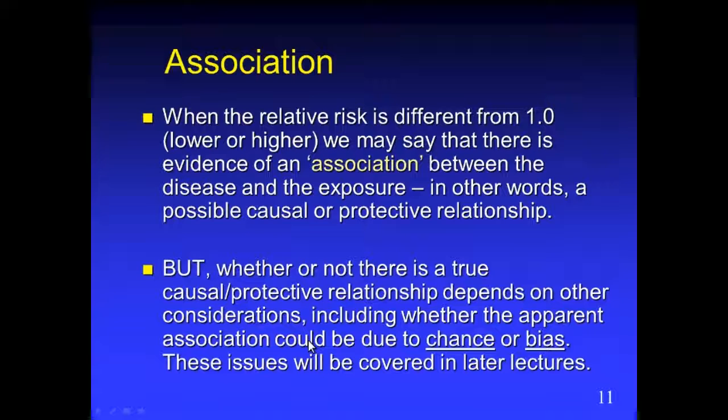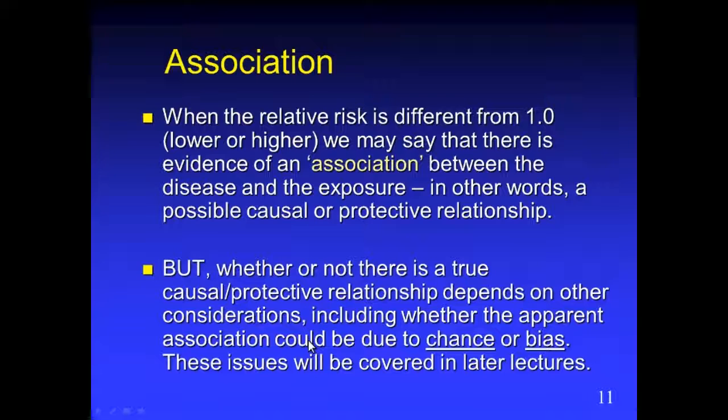Now, just the fact that we have a high or a below 1 relative risk doesn't in itself mean that there really is a relationship between the exposure and the disease, because high or low relative risk estimates can be produced by biases and also by chance.